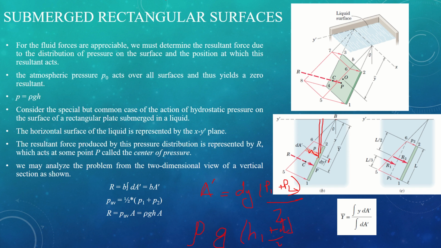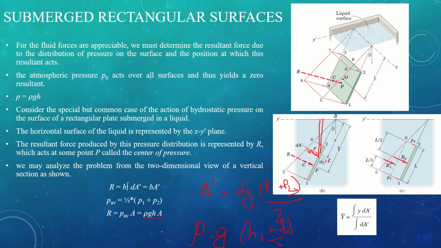Assuming that h1 becomes so close, that dy becomes so small that your h1 is approaching h2 or h2 is approaching h1. This means if they are approaching, then the difference is so small that it is going to be either one of them. So rho gh will become constant and A will become again a fixed area. Right?